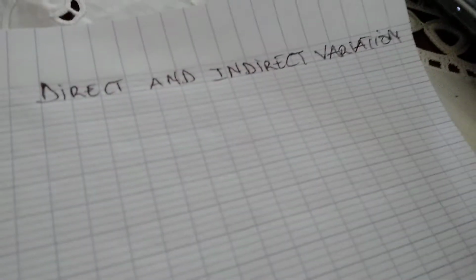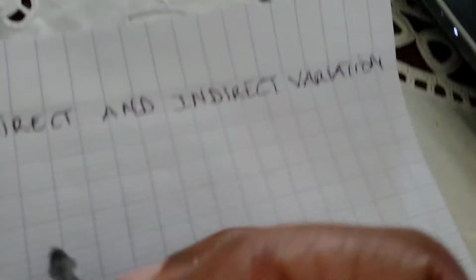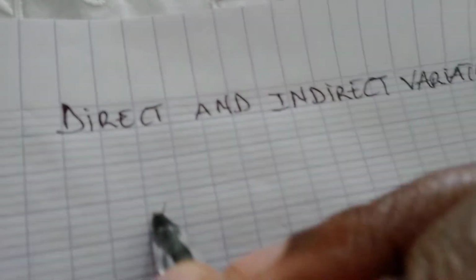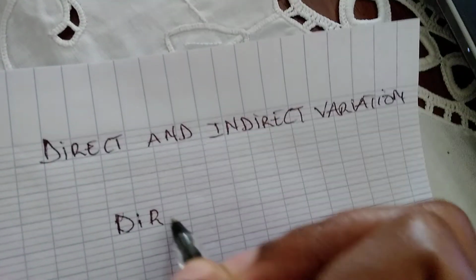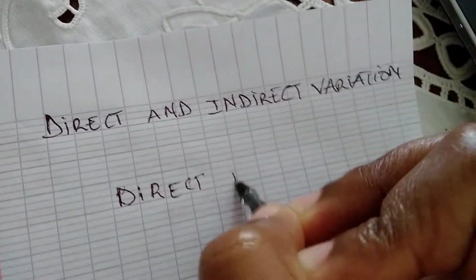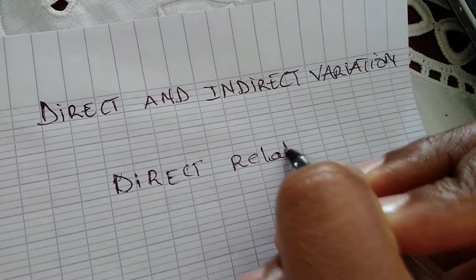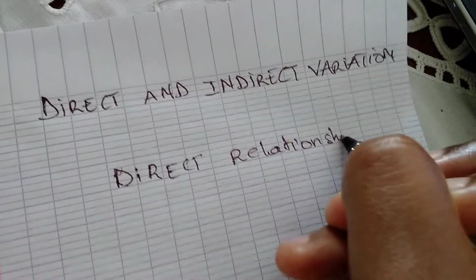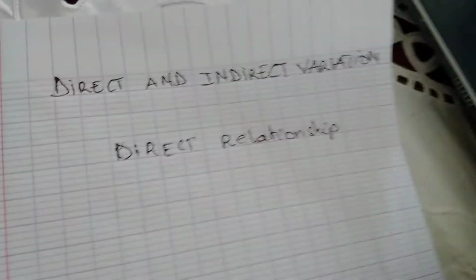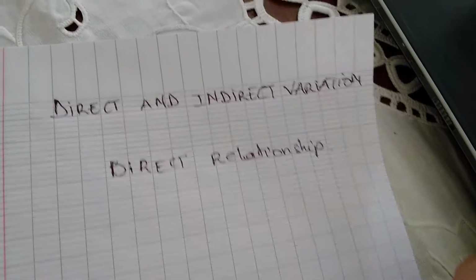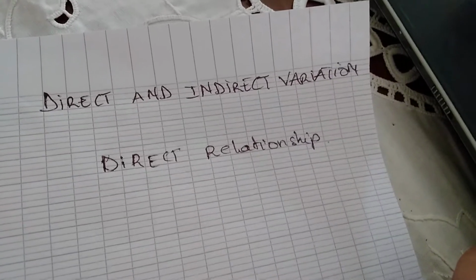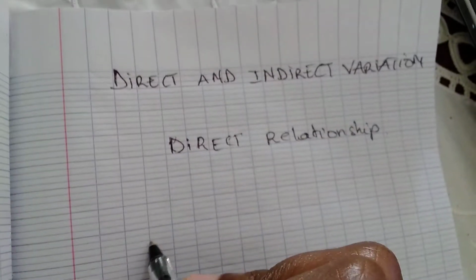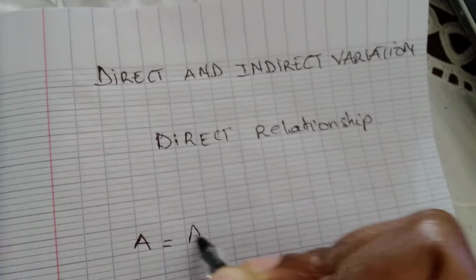So when we talk about direct variation, I can even call it a direct relationship between two variables. For example, the amount paid at work, let me call it A, the variable A, amount or salary.